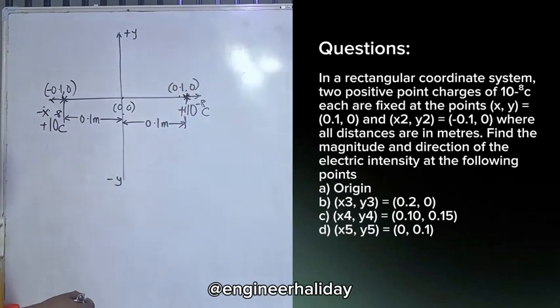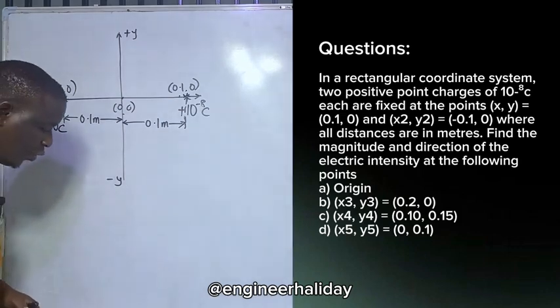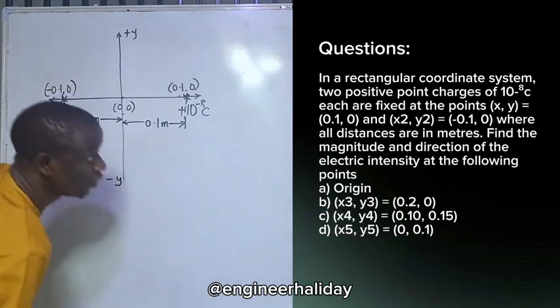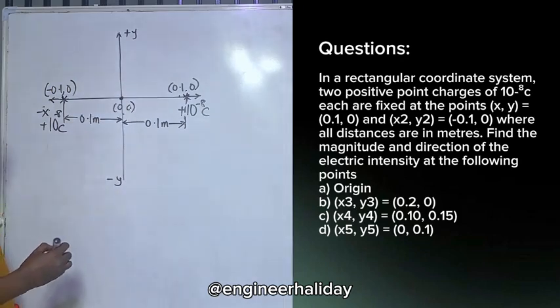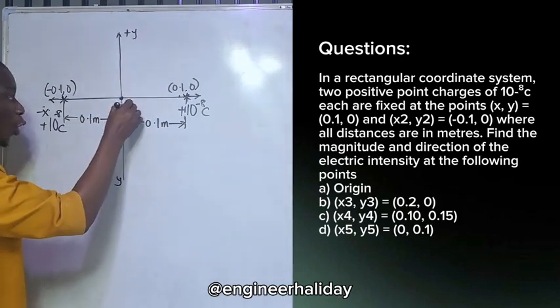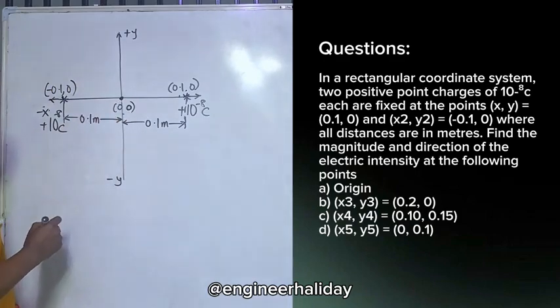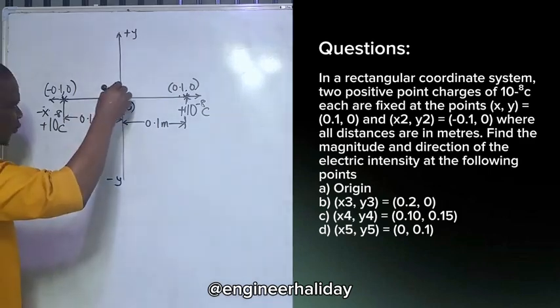Exactly. Now, the question says, find the magnitude and direction of the electric intensity at the point origin. At the origin, this is the origin. Now, at that origin, you want to calculate the electric field at this point.